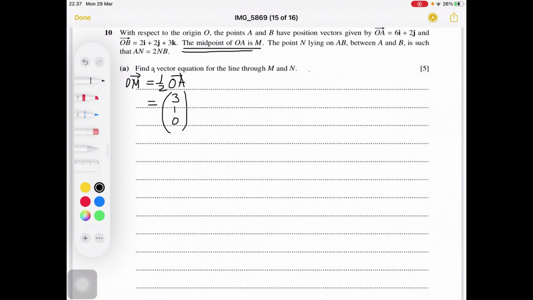For the position vector of N, we can start from this one. AN is equal to 2NB.